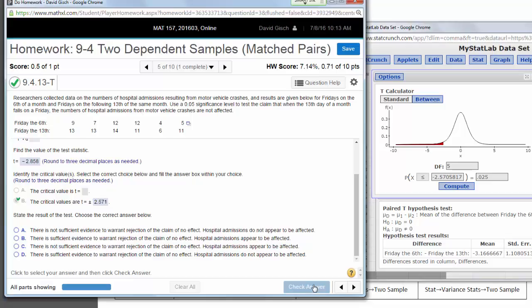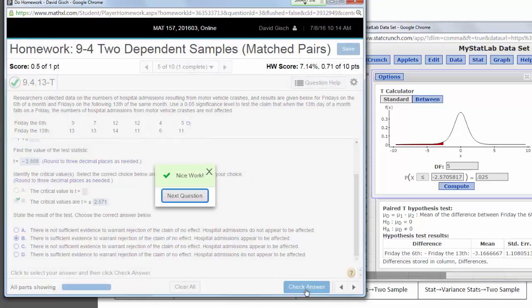And so we're rejecting that idea. In other words, we think there is an effect. So there is sufficient evidence to warrant rejection of the claim of no effect. So we're either in B or D. Look at the end. Hospital admissions appear to be affected. Yes, there it is.